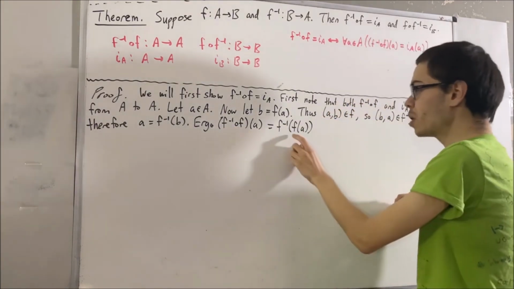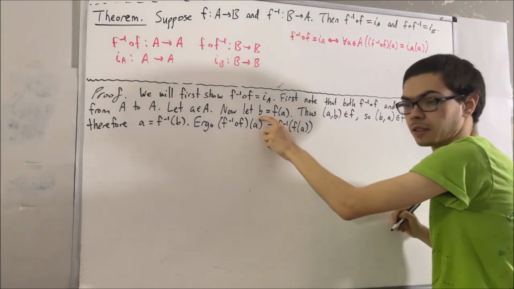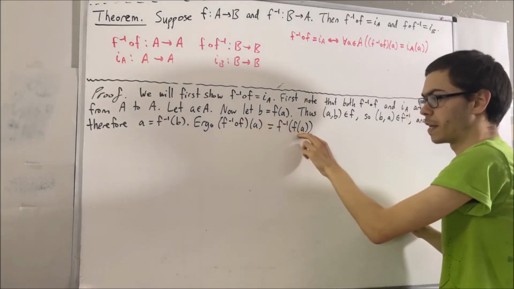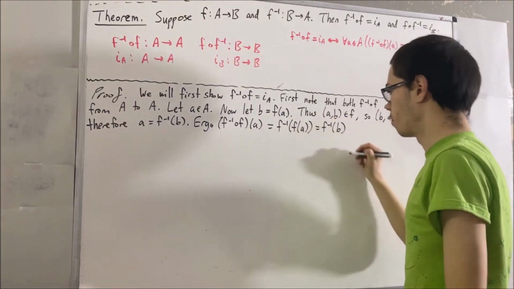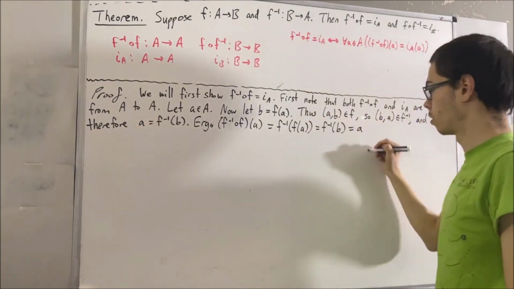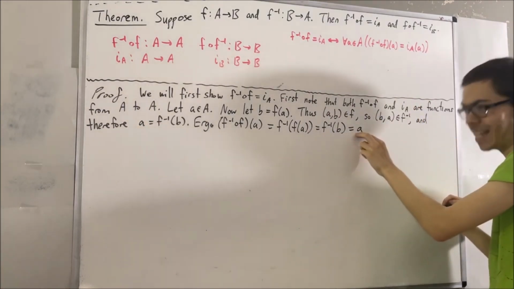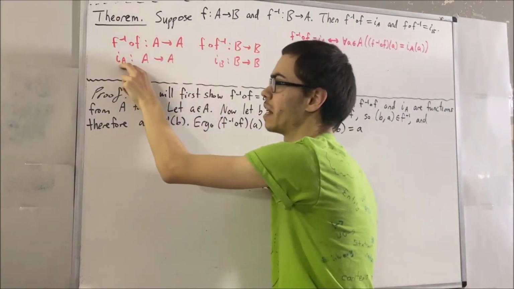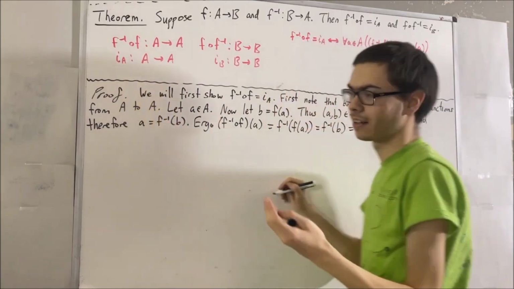Okay, but we know that f of a is equal to b, so we can replace f of a with b. But f inverse of b is just equal to a. But also, we know that a is the identity relation on A evaluated at a.